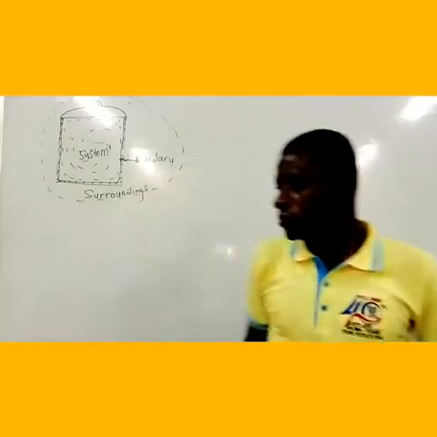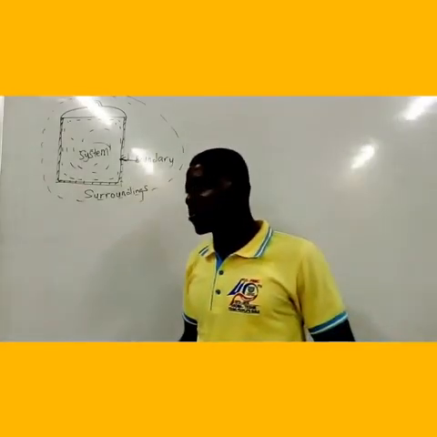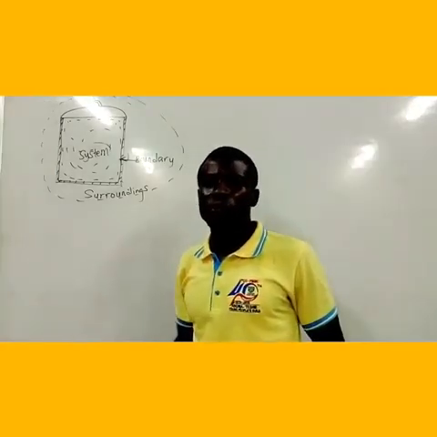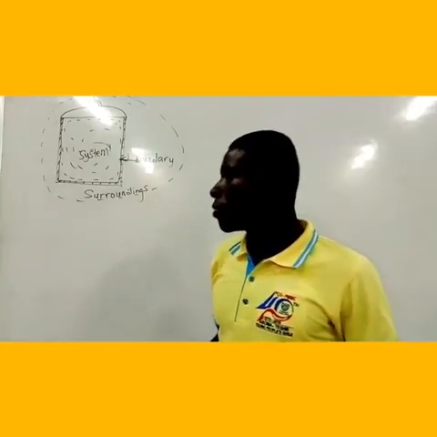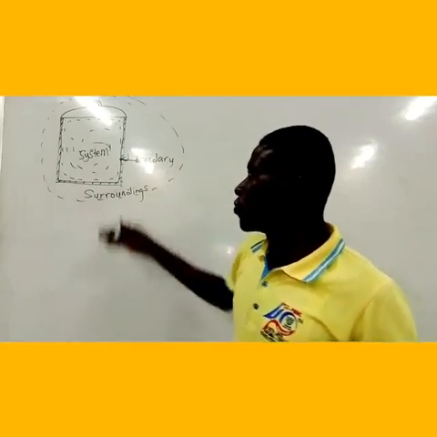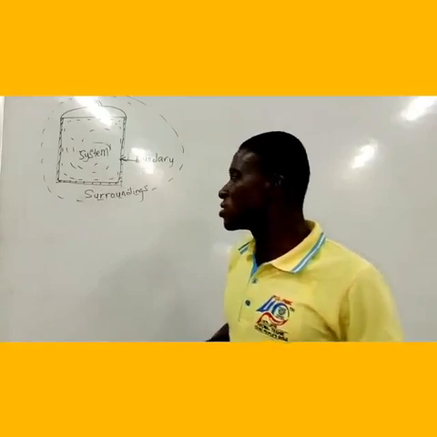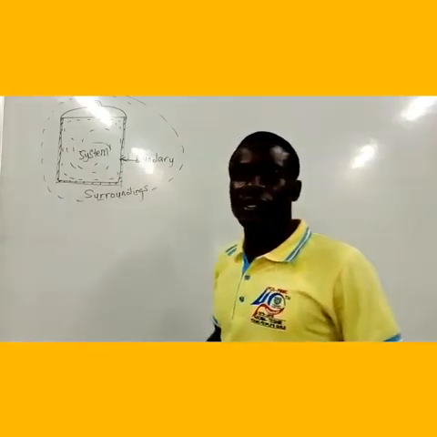Now, in thermodynamics, when we talk about a system, like I said earlier on, then we are basically talking about fluids, liquid or gaseous matter. So we've known what a system is, we've known what a boundary is. Now we also know what the surrounding is.